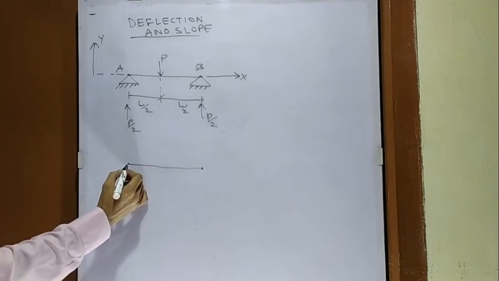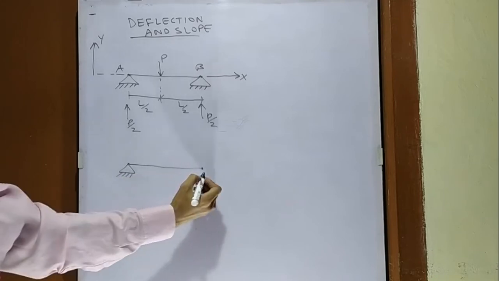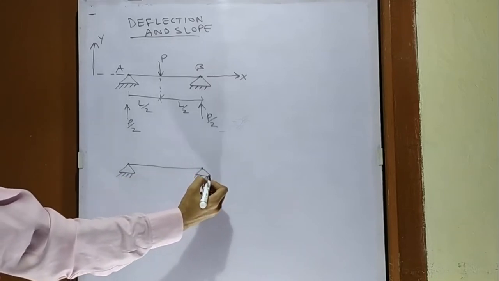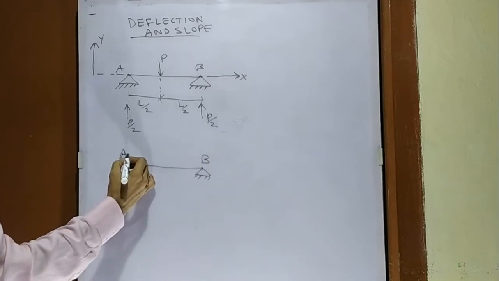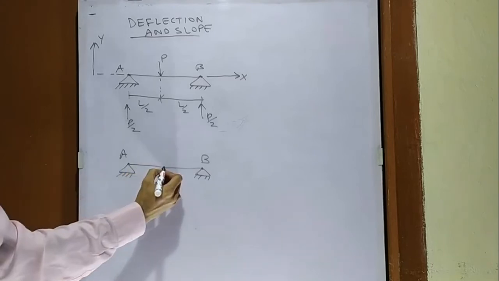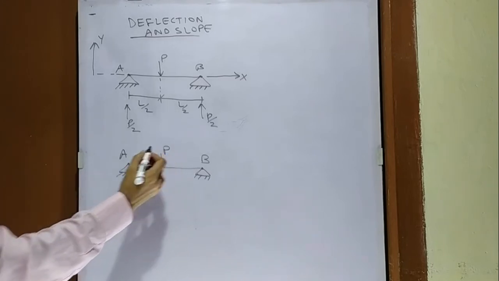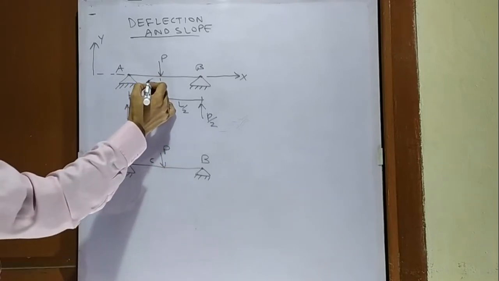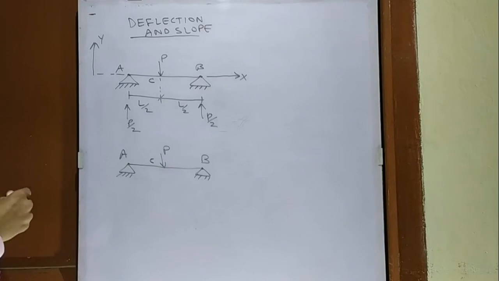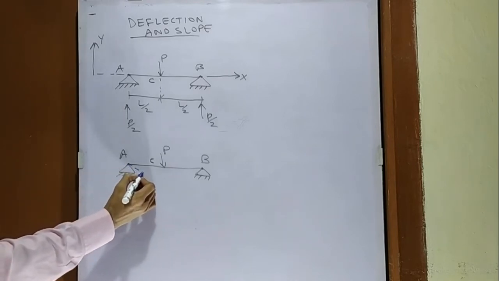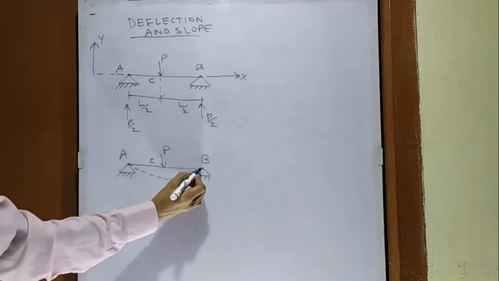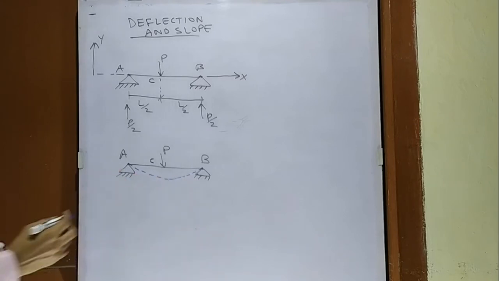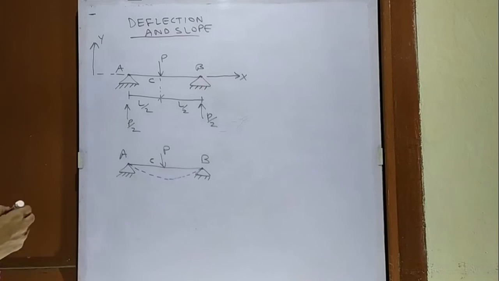This is the beam, these are the supports A and B, and after applying the load here at, let us name this point, C, the beam will deflect like this. So this will be the deflected shape of the beam.